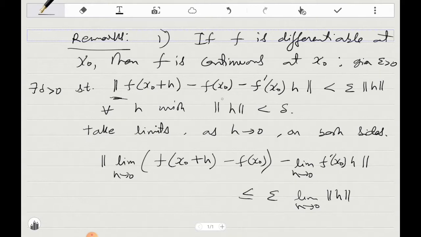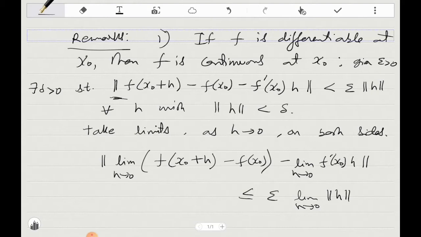Use the triangle inequality by adding and subtracting f prime x naught h, and then you can end up with the same conclusion as I'm going to here. Here I'm being somewhat loose, but what I'm writing is correct anyway.